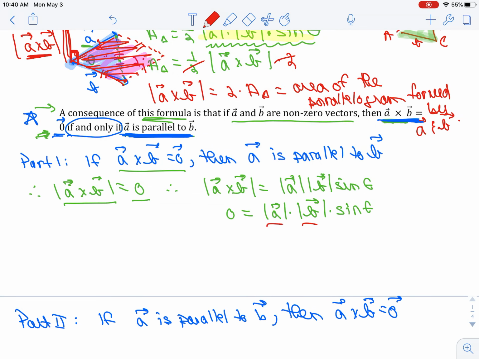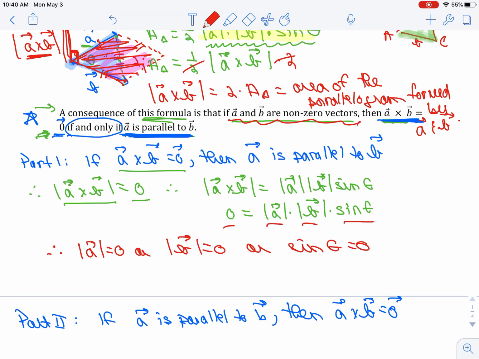And now we're multiplying three things together, 1, 2, 3, and it equals 0, so that means one of them has to be 0, at least one of them. So the magnitude of A is equal to 0, or the magnitude of B is equal to 0, or the sine of theta is equal to 0. But remember we said up here that A and B are not zero vectors, so that means these can't be true.